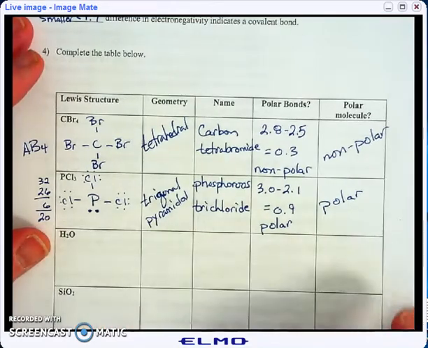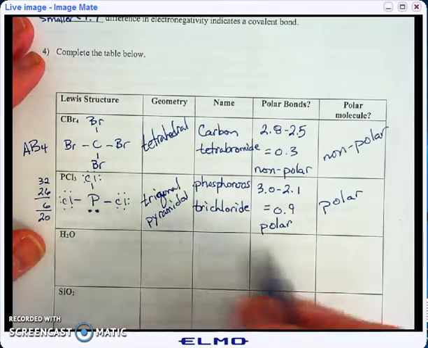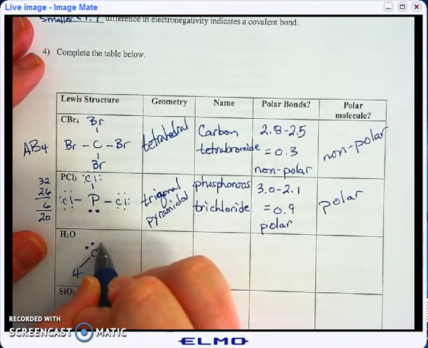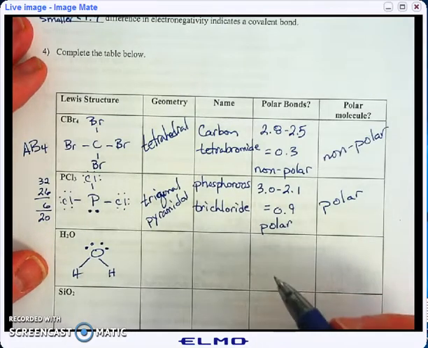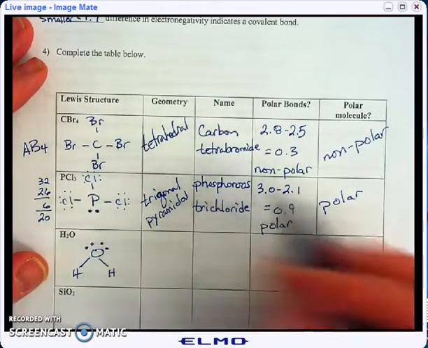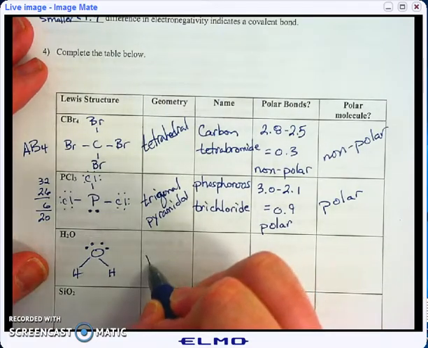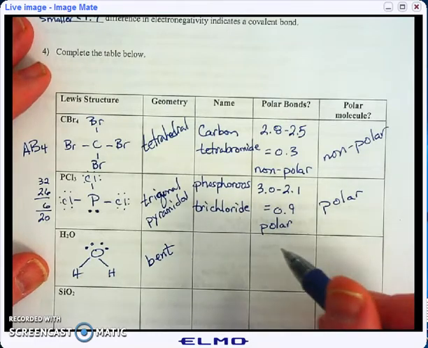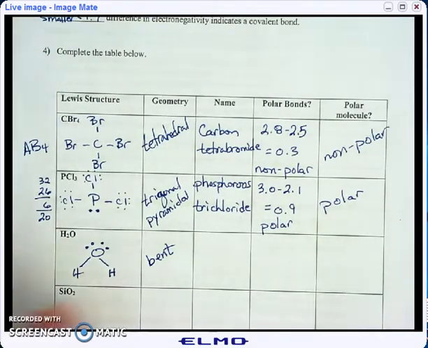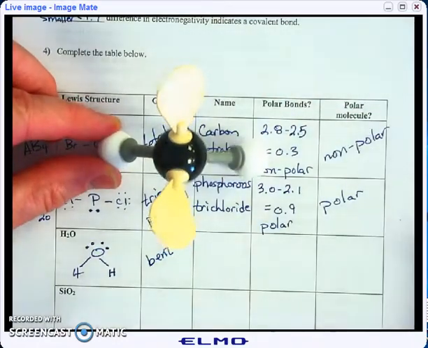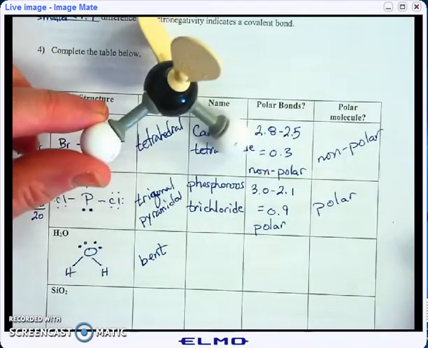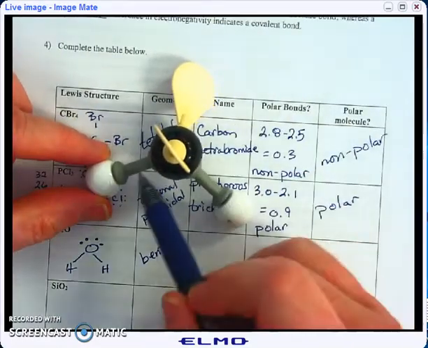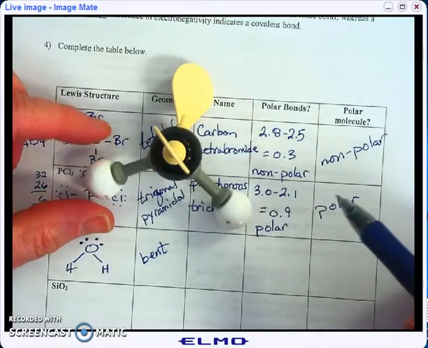Okay, H2O. What do we got? Who's up? What's the shape? Bent or angular? Yes. The 2 lone pairs. If you looked at this straight up and down, you might guess that it's linear. But because of these lone pairs, it becomes bent. These push down, giving it more of a 3-dimensional shape.